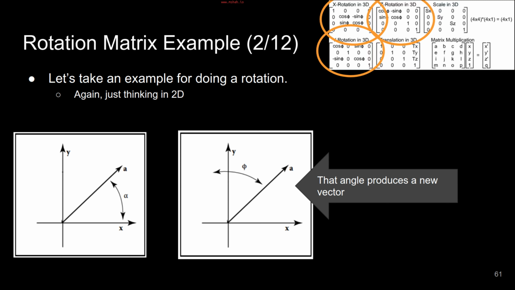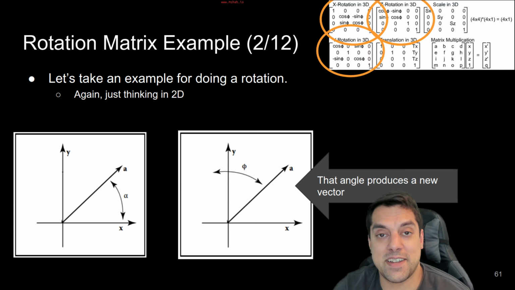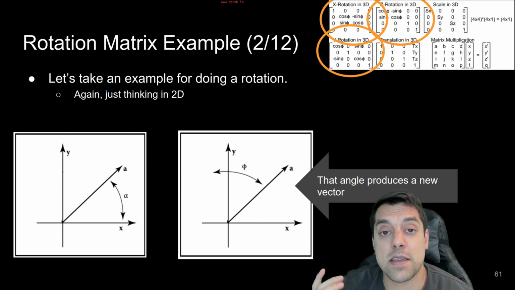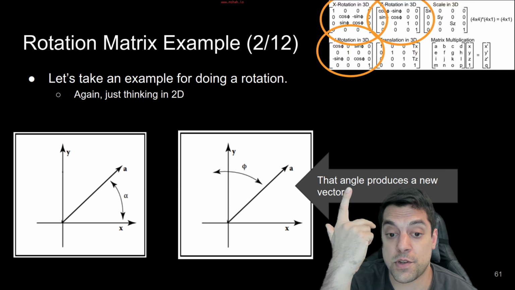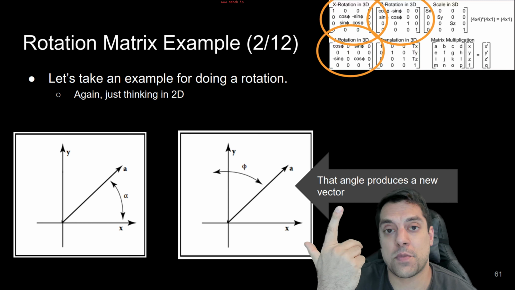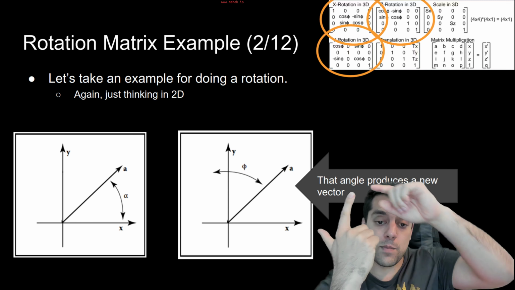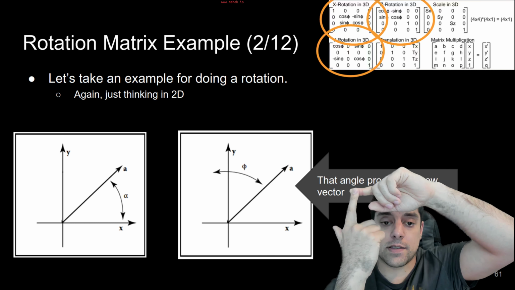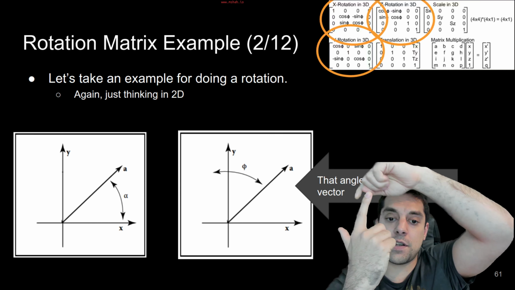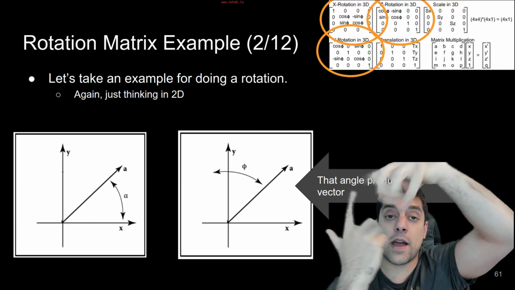So for example, if you're doing a Y rotation, and you're using your right hand rule, remember what that was, with your right hand and pointing your fingers, my pointer finger's the Y axis. So if I'm doing a Y rotation, I'm going perfectly around the Y axis.